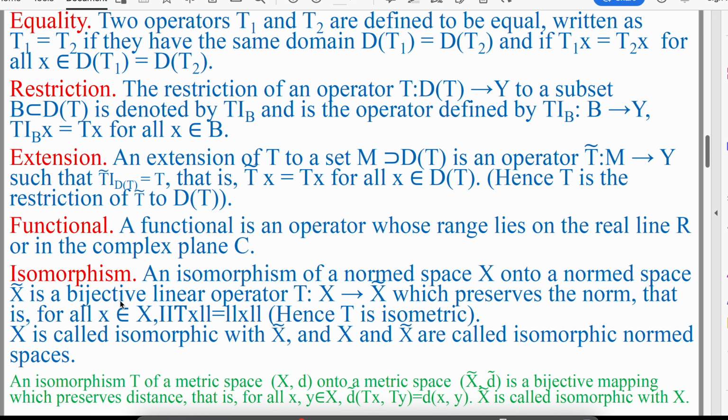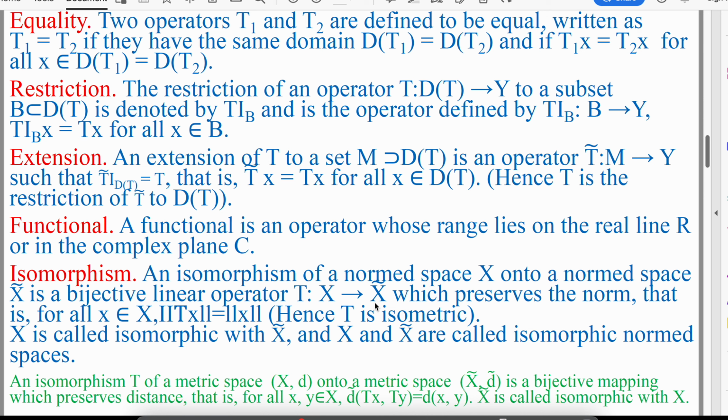That is, for all x belonging to X, norm of Tx is equal to norm of x. Hence T is isometric. X is called isomorphic with X bar, and X and X bar are called isomorphic normed spaces.